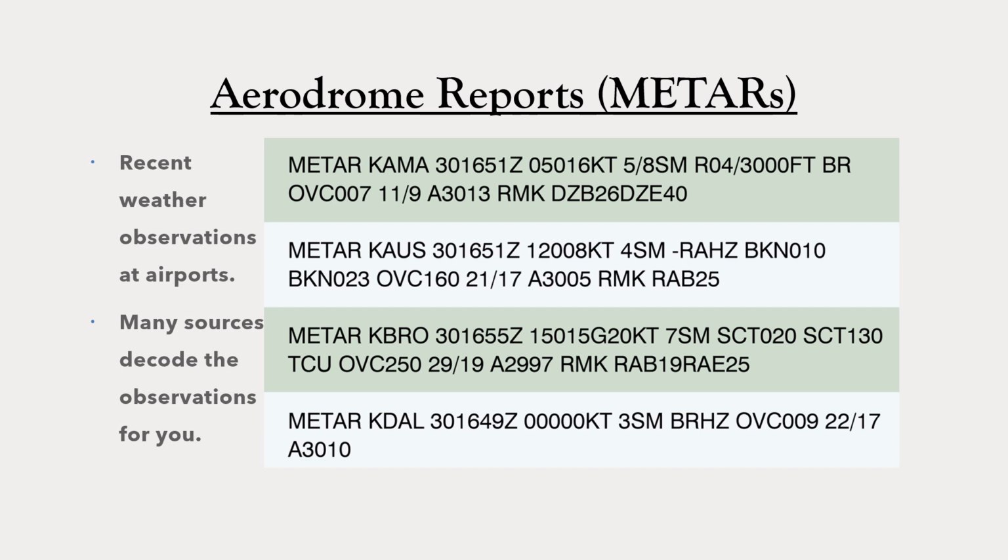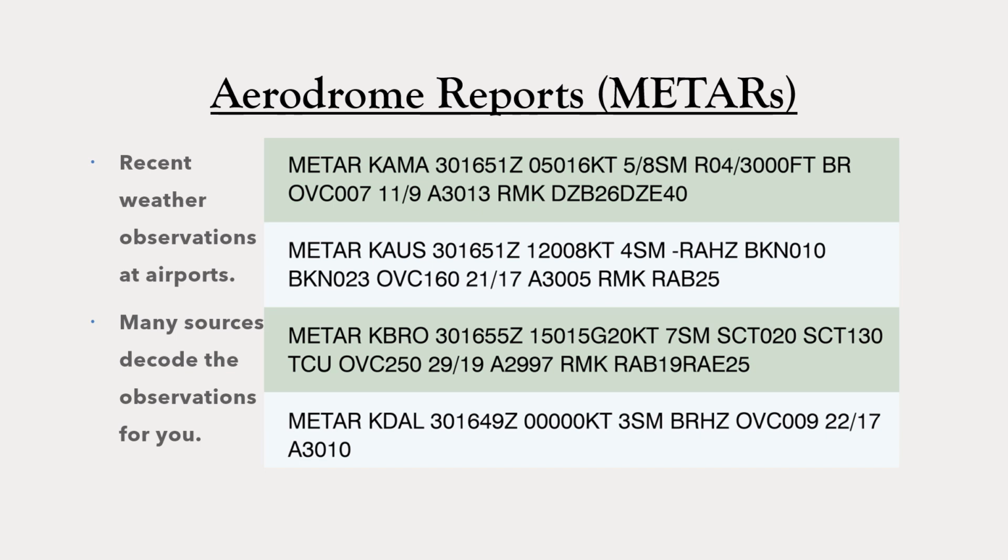So like if they ask you the ceiling at KBRO, you would ignore these scattered layers and you'd say this overcast layer at 25,000 feet was the ceiling. So the answer would be 25,000.